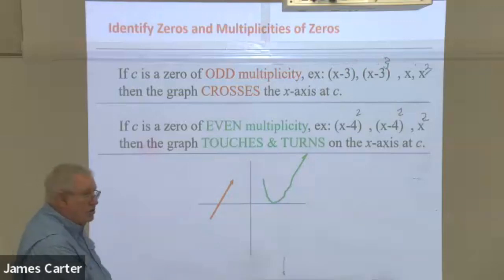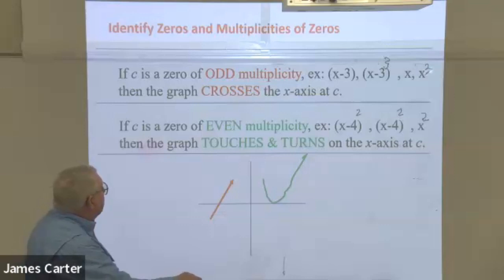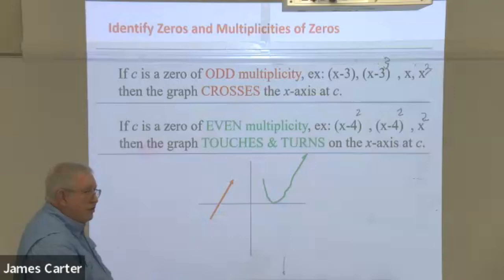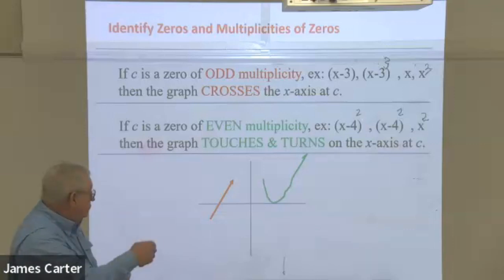It's going to cross. And there's another x cubed, which is a third. That's another crossing. What these are saying is if you got even powers, then it's going to turn and go back the way it came. Or it's still going towards infinity.